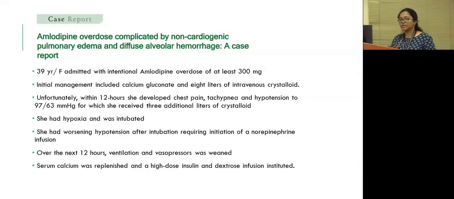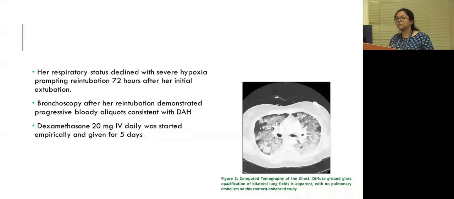She was also started on vasopressors for her worsening hypotension. Within the next 12 hours, her blood pressure and hypoxia had improved, so the ventilatory support and vasopressor support were gradually weaned off. But subsequently her respiratory status declined again, with severe hypoxia requiring re-intubation 72 hours after extubation.